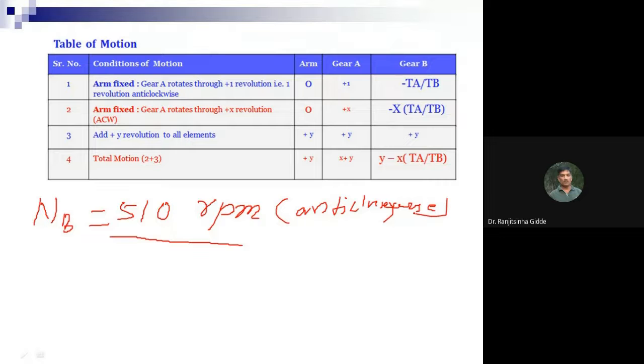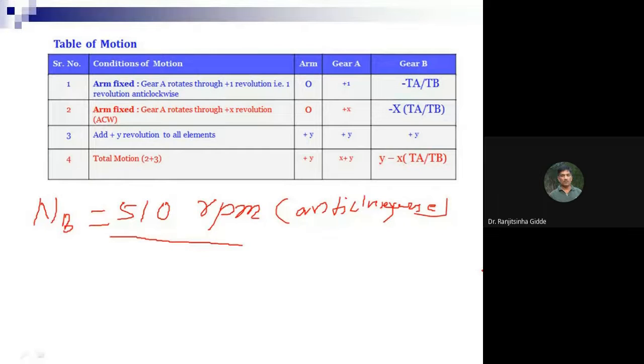A is fixed, arm is fixed, A is rotated, B is rotated, do not consider anything. First you are going to tabulate the data as per the procedure, and after completion of the table you are going to find out the values for the respective elements. That is the procedure.